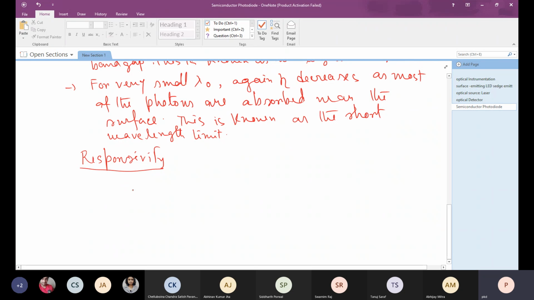Responsivity is an important parameter of a semiconductor photodiode. It depends on several things: basic internal quantum efficiency, which is determined by the recombination lifetime of the carriers, as well as the absorption efficiency of the photons.